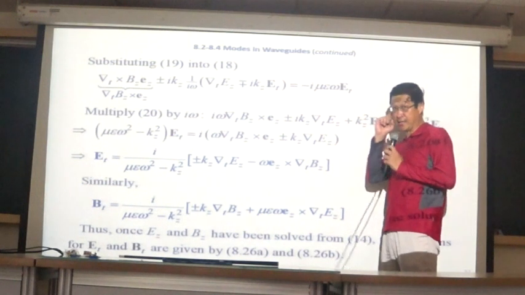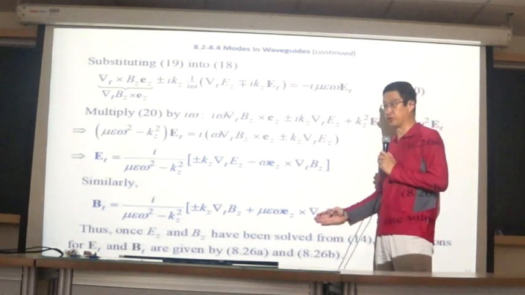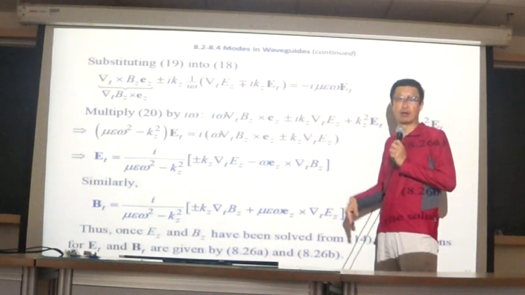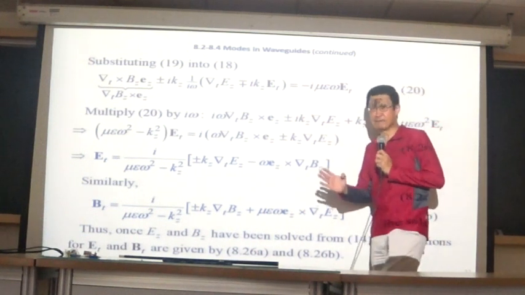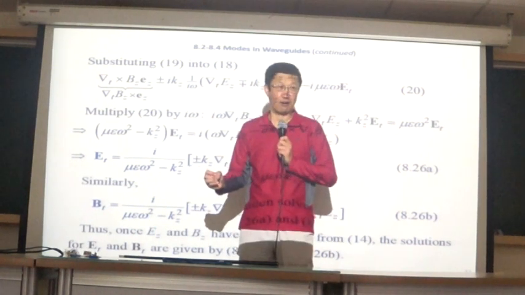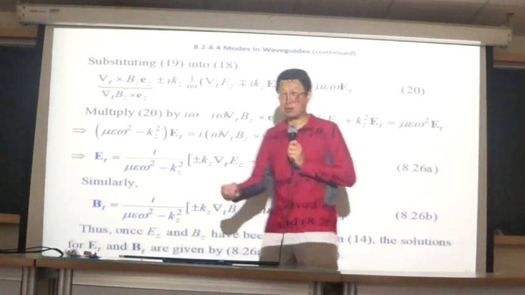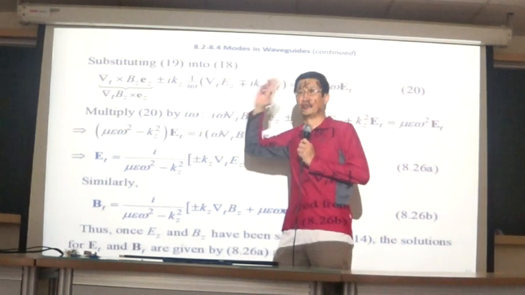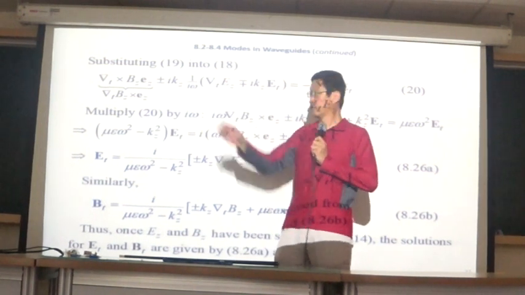This is an example. Try to derive this equation by yourself. Follow the steps one by one. I do not expect you to derive this equation starting from 0. I just tell you, you can follow the logic, follow the process, derive this equation step by step.